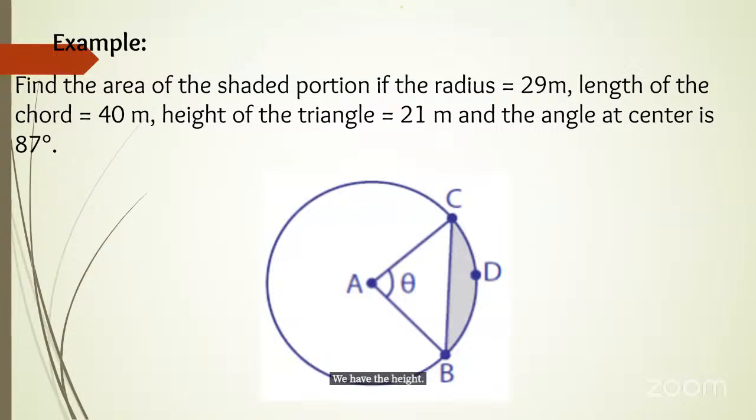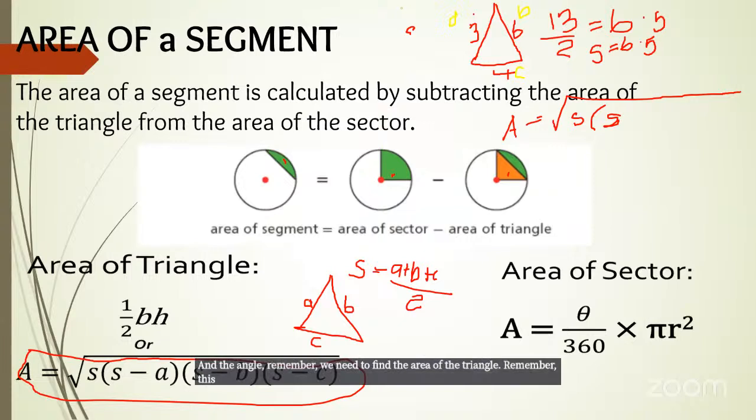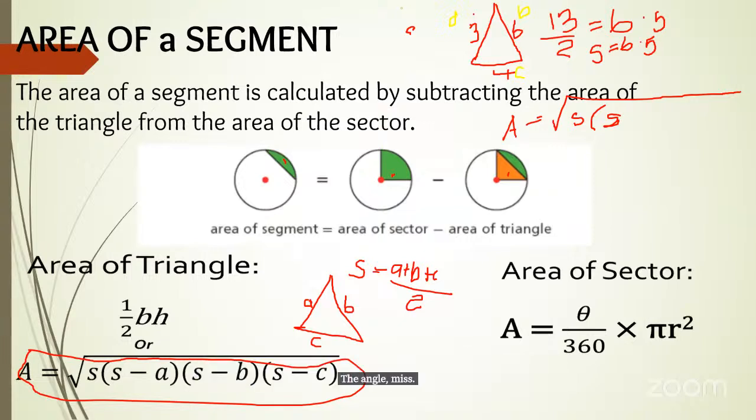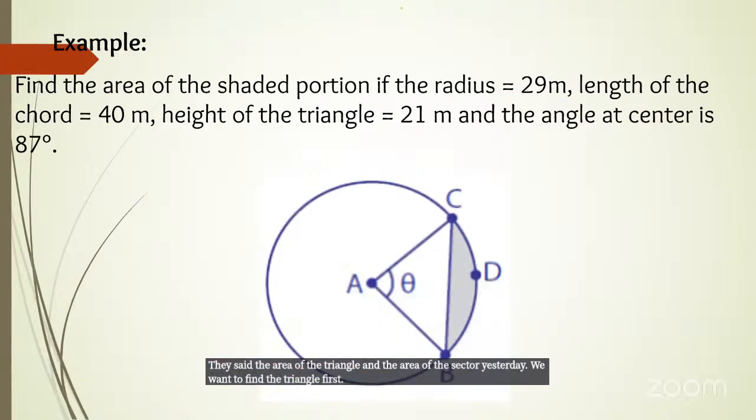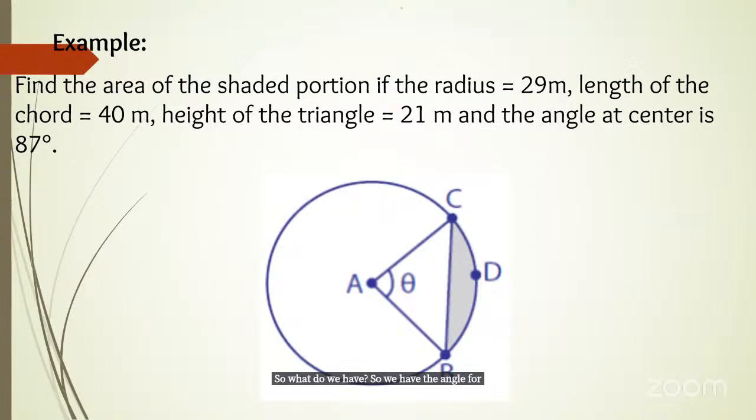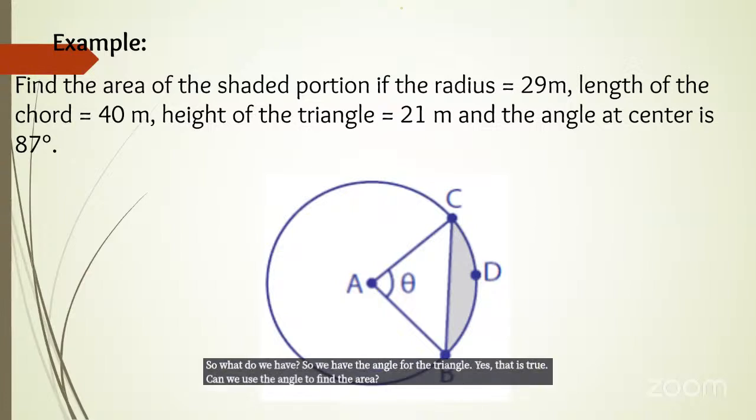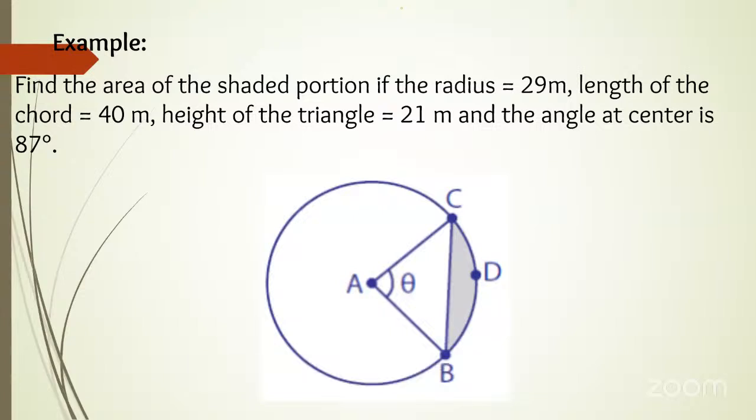And what else? And the angle. And the angle, remember, we need to find the area of the triangle. Miss, they said the area of the triangle and the area of the sector. Yes, so we want to find the triangle first. So what do we have? So we have the angle for the triangle. Yes, that is true. Can we use the angle to find the area of the triangle?